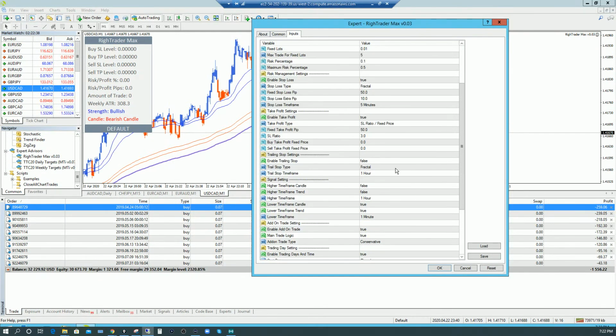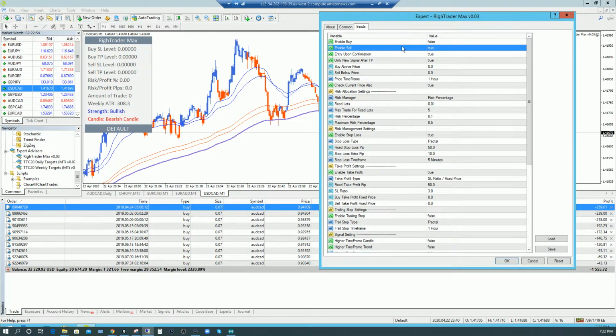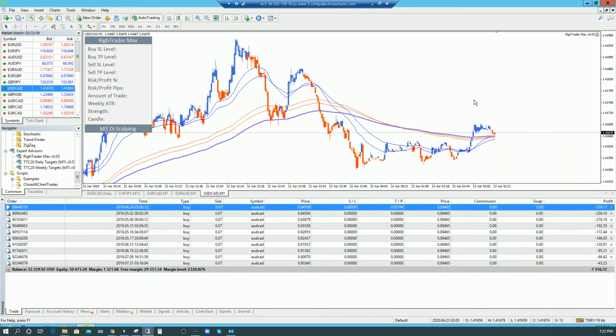Perfect. I think I got it now, guys. And we said that we are going to do selling only. So sell on the, and we've got the divergence there, so we might as well go ahead and do it. All right, I think we're good now.